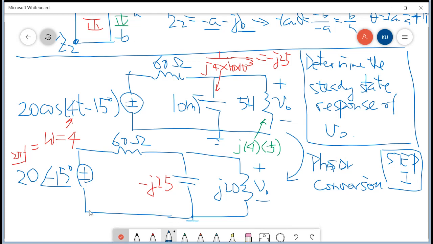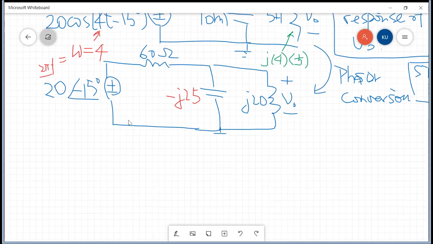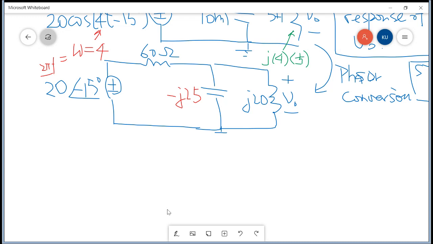So next, we can simply calculate this circuit. Just imagine all like resistors, but the resistance for this element is an imaginary number, and also for this.